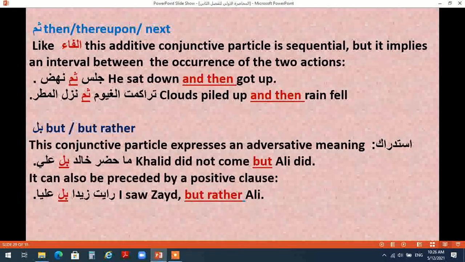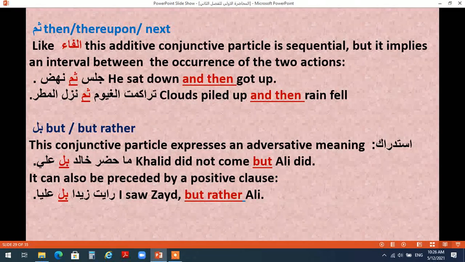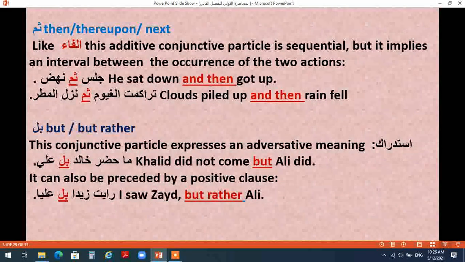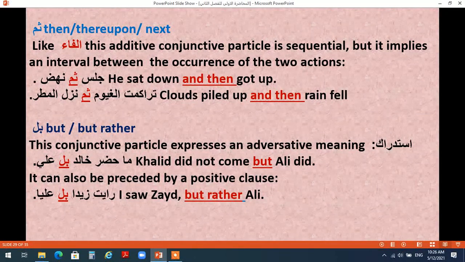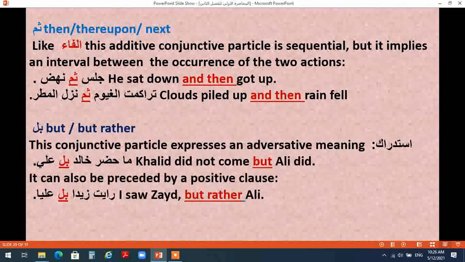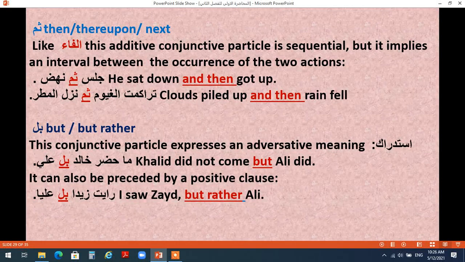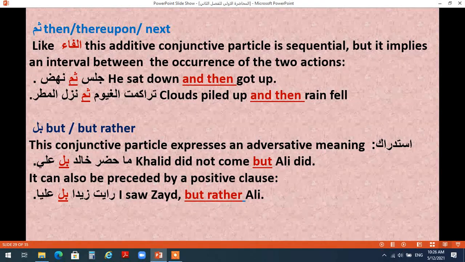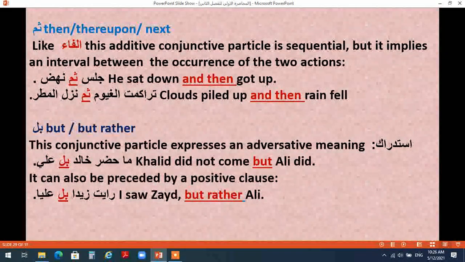Like الفاء this additive conjunctive particle is sequential. أيضا مثل الفاء هذه الأداة تستخدم أو تدل على الترتيب أو التعقيب، لكن الفرق ما بين ثم والفاء إنه ثم معناها هنالك an interval between the occurrence of the two actions. هنالك فسحة من الزمن ما بين ال two actions أو ما بين النشاطين أو الفعلين.